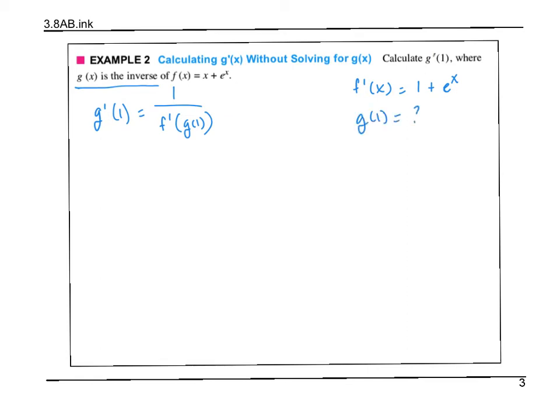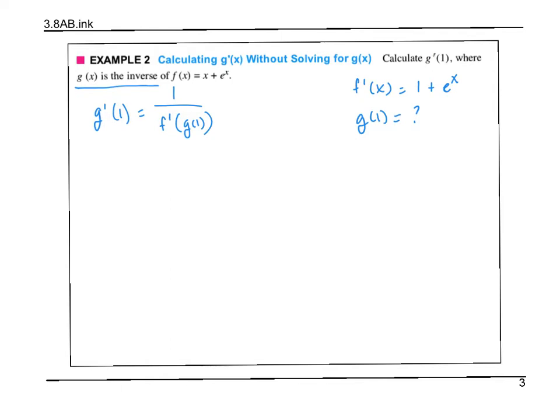But I kind of pause here and I say, well, I don't even know what g is. How can I come up with g of 1? Okay, so here's where the fact that they are inverses comes into play, right? By definition of inverses, domains and ranges change roles. X's and Y's switch.